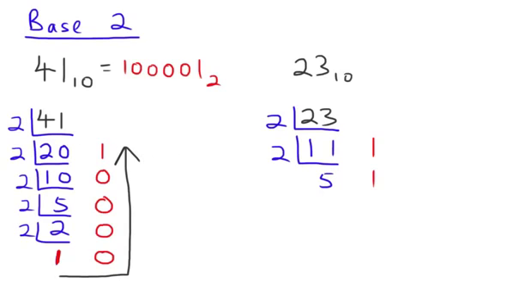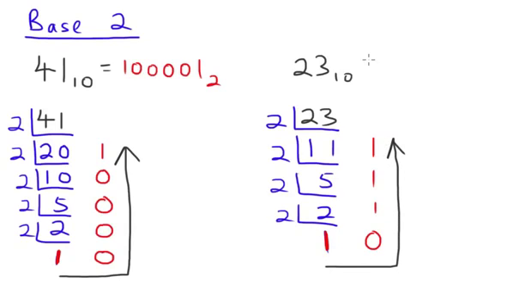And then divide by 2, we have 2, remainder 1. And then we can still divide by 2, and we have 1, remainder 0. And we stop here. The answer will be from the last quotient, the 1 here, all the way up. So the answer will be 10111 base 2.